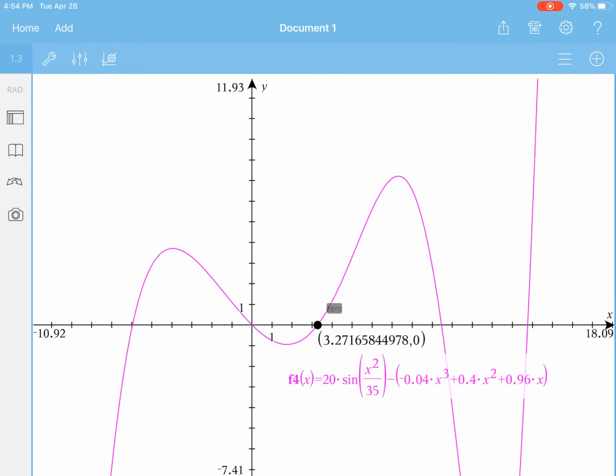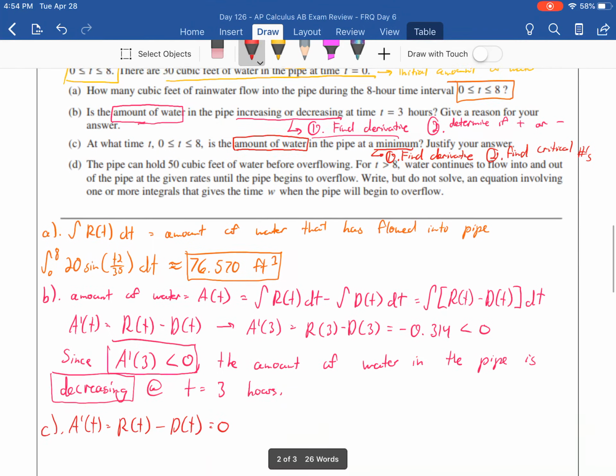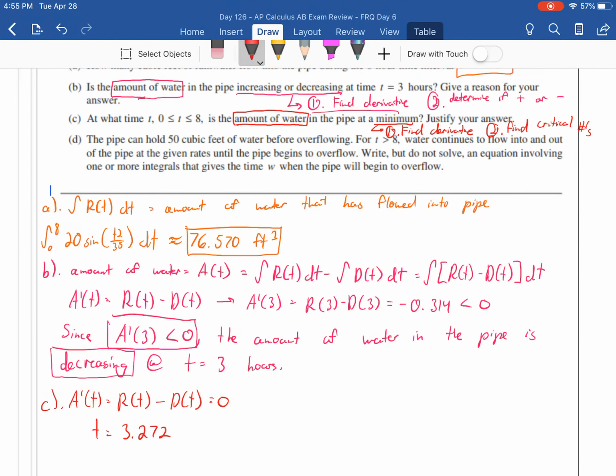So there's only one t value that's equal to 0, so t is 3.272.